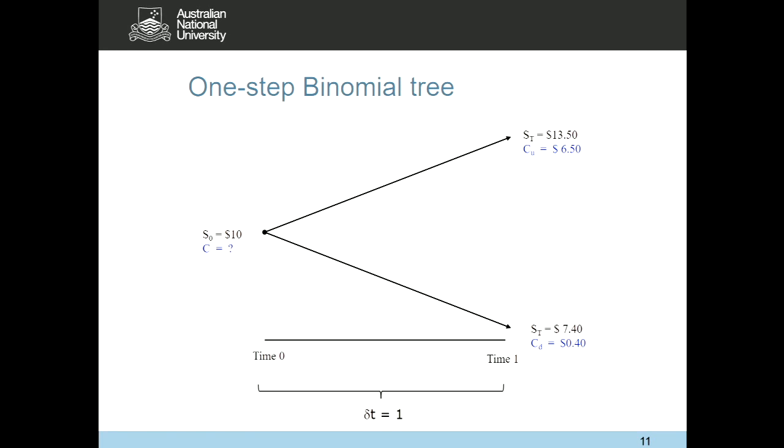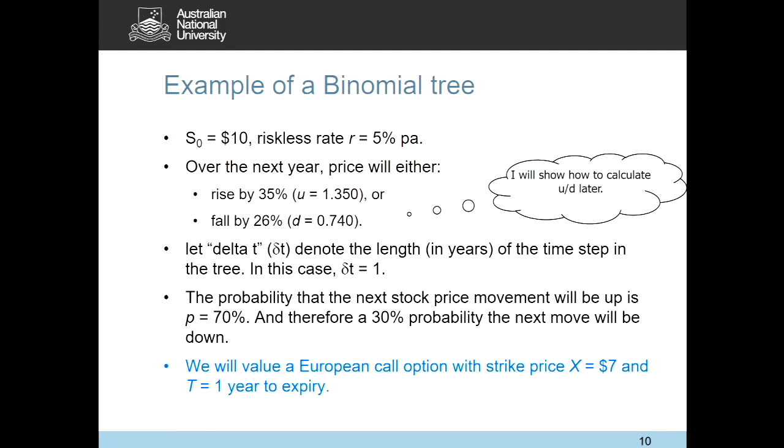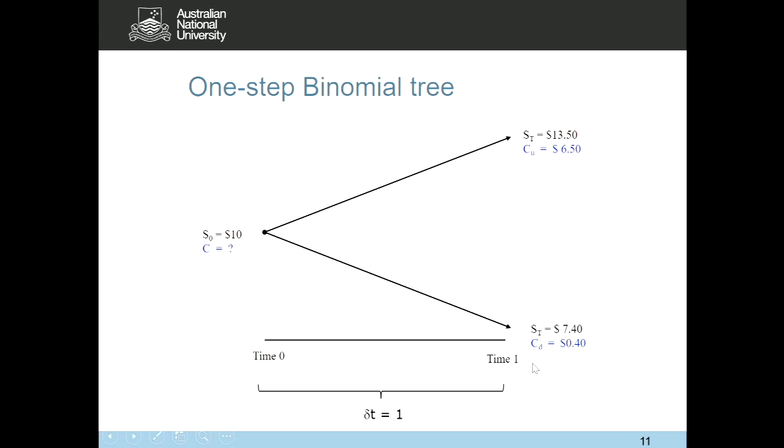And then, remember, we need to value a call option. So we have a European call option with a strike price of $7. Imagine if the share price increased to $13.50, shall we exercise this call option?